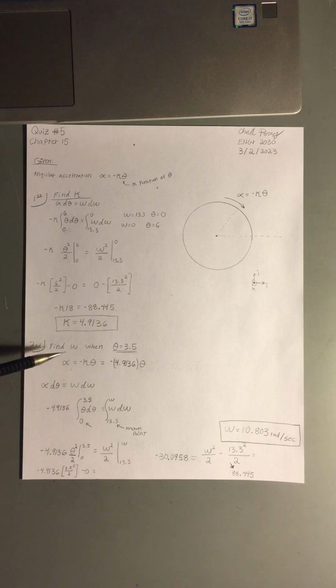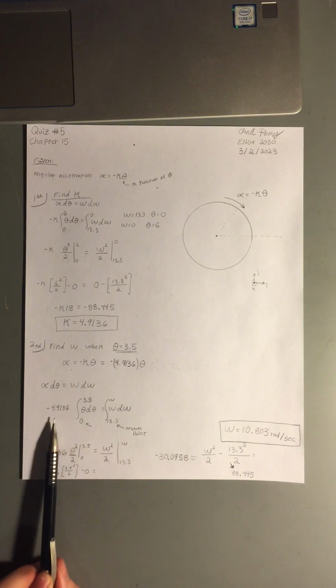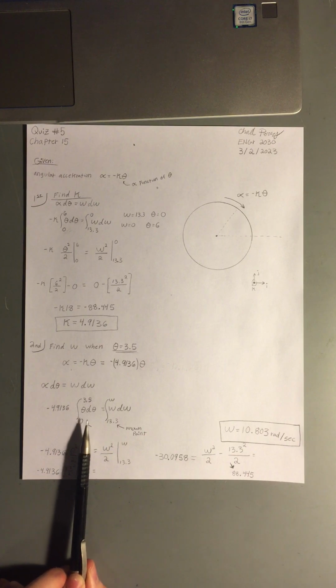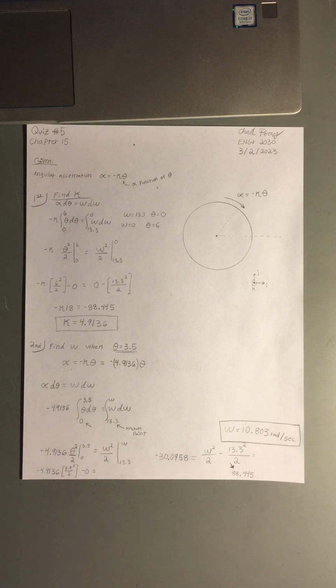And this time we know the k value from above, so we can plug that into our alpha equation that we were given. And then we had to integrate once again, and so plugging in alpha, we can once again pull our k value out, except we know what that is this time. And we will integrate theta on this side and omega on this side.